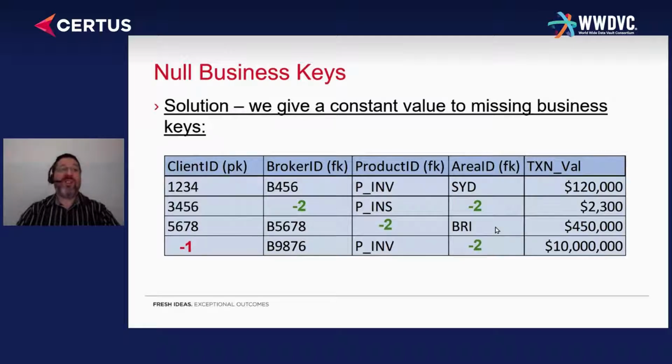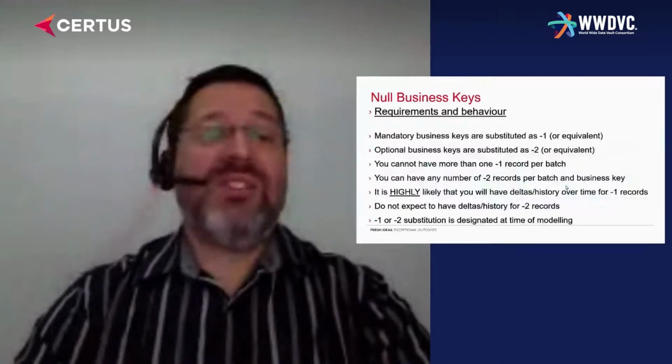But as far as that value is concerned, once you pick the value, it needs to be consistent. Now, why do we differentiate between mandatory business keys, which get a -1, and the optional business keys, the foreign keys, which get -2? Well, that comes down to the following.